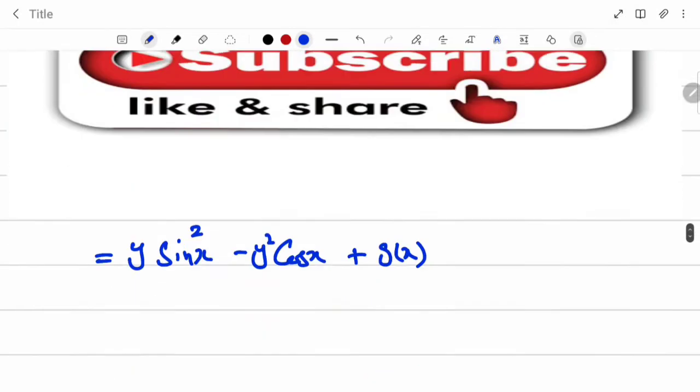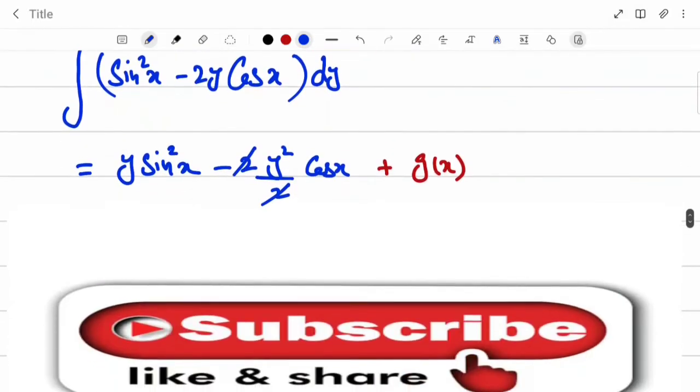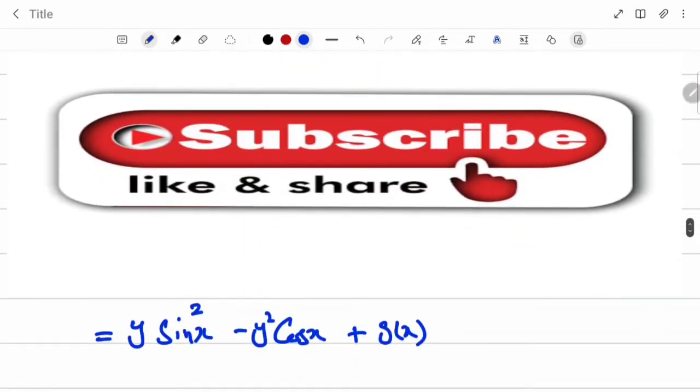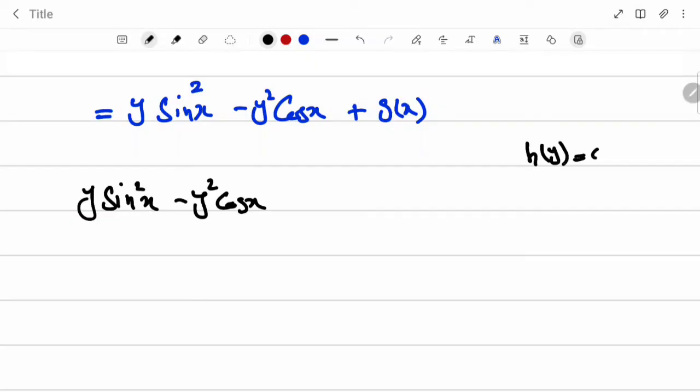Okay, if you observe it with the red one, it is exactly the same. Both terms are the same, and there is no unique value which appears in one, so it means we have h(y) = 0 and g(x) = 0, so we need to write equals c.